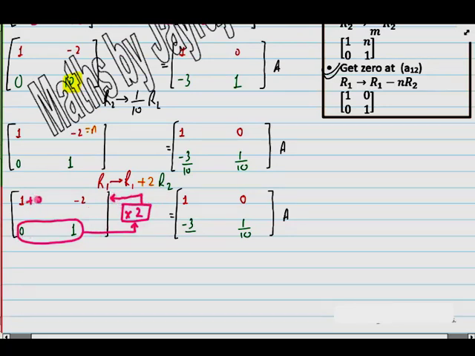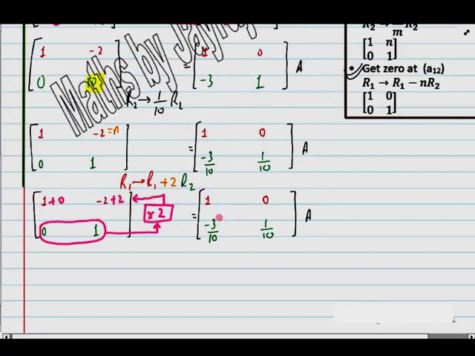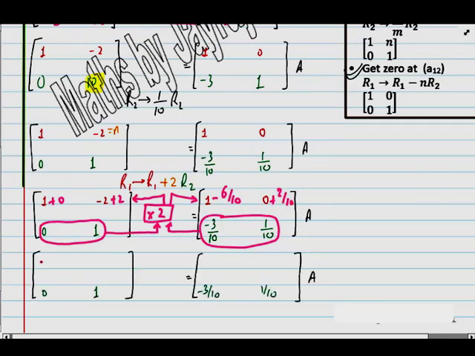So 0 into 2 will be plus 0, 1 into 1 plus 2 will be plus 2. Same thing on the right side: minus 3 by 10 into 2 is minus 6 by 10, 1 by 10 into 2 is plus 2 by 10.